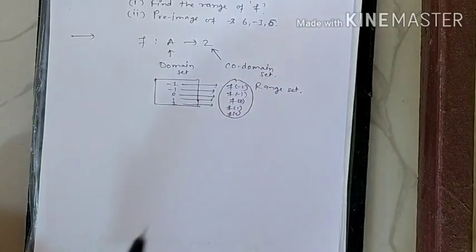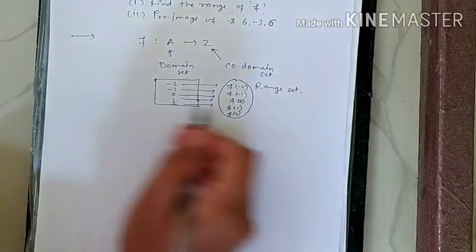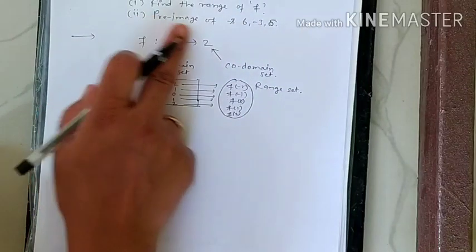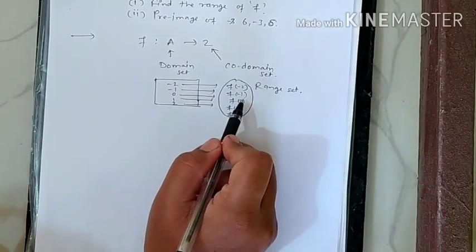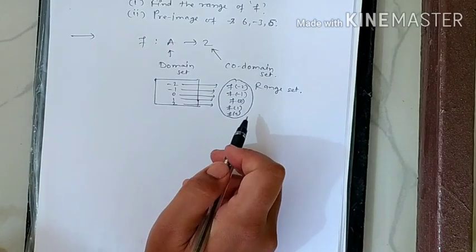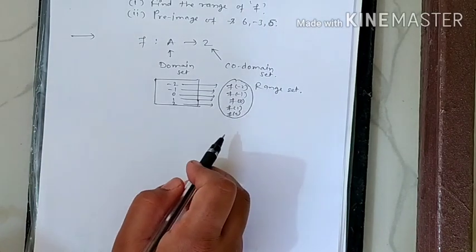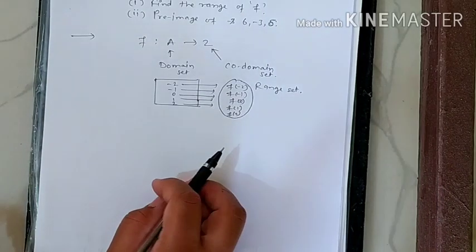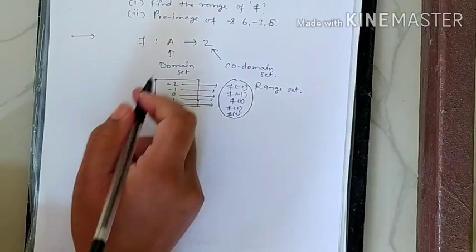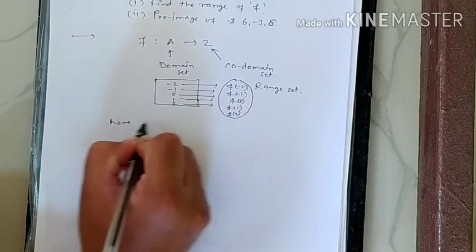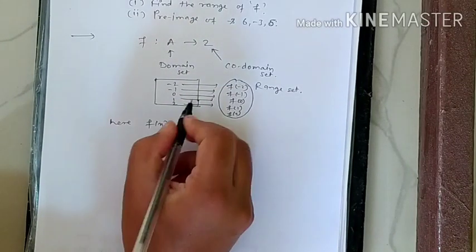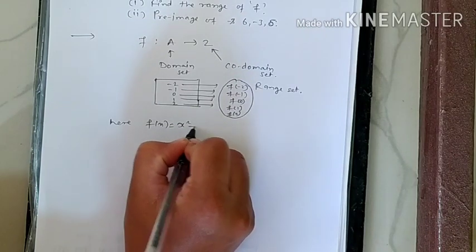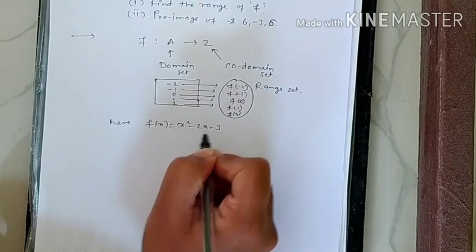Now one by one we'll find the values: f of -2, f of -1, f of 0, f of 1 and f of 2. Getting? So first, f of x is x square minus 2x minus 3 is given.